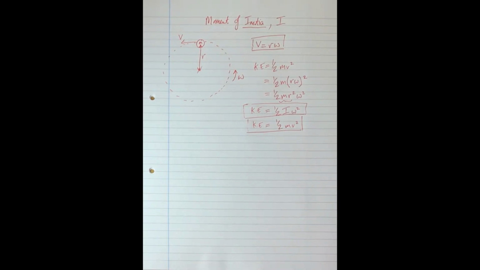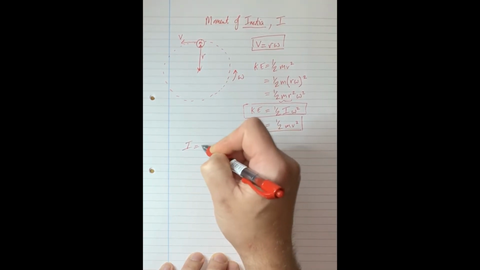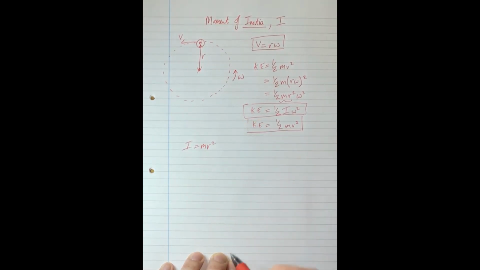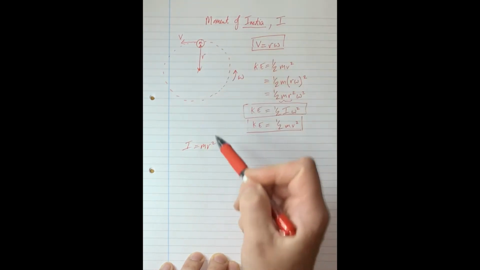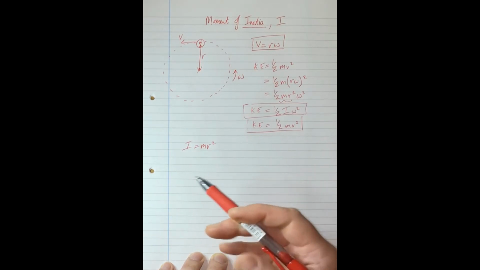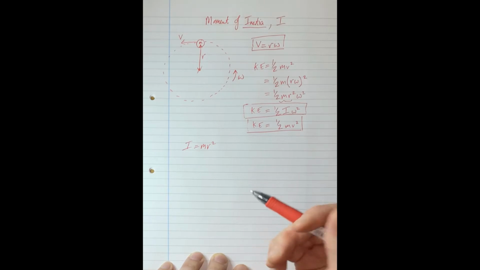We'll talk about how you calculate it, because it's not always simply m r squared. In this case it is, where you've got a small amount of mass a distance r away, but you might not necessarily have just a chunk of mass at one distance.